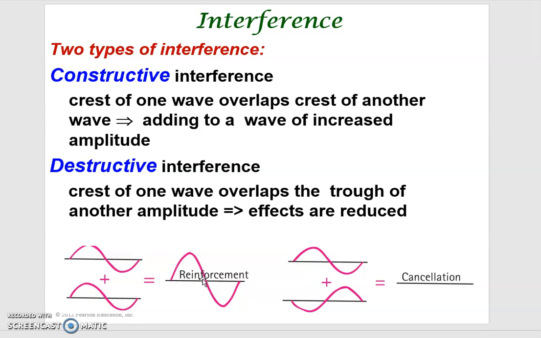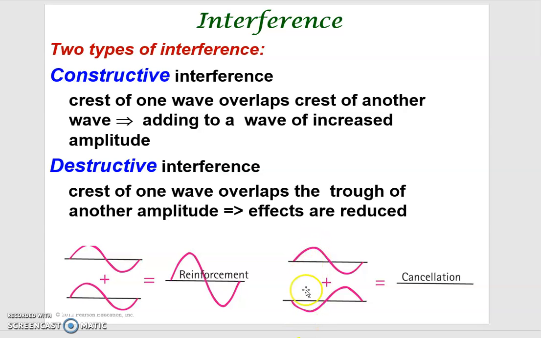So the second kind of scenario, including all the rest, is the destructive interference. That is, the crest of the one wave overlaps with the floor of the other wave. So what happens is a totally destructive interference, which, when I say totally destructive, means the position of the crest for the first wave overlaps with the position of the floor of the second wave.